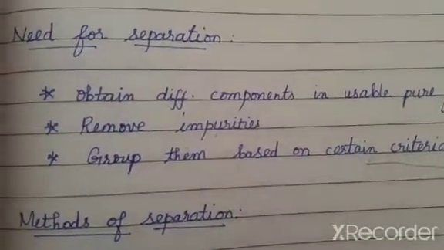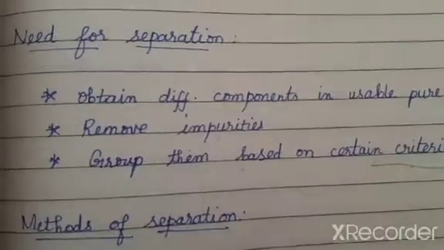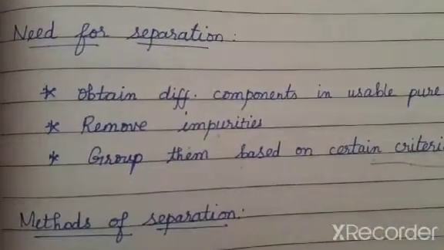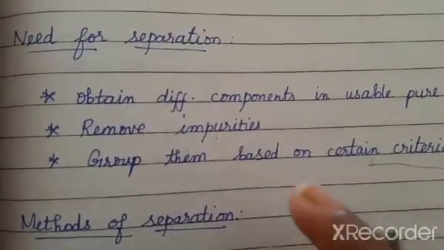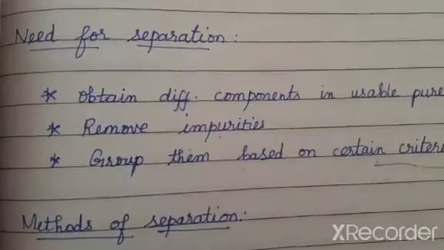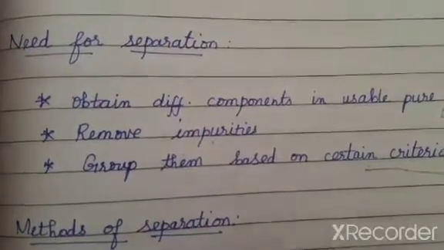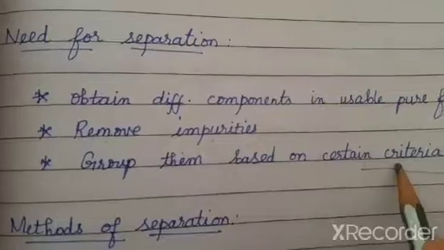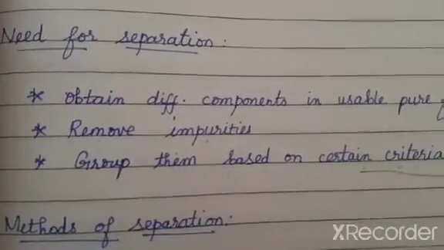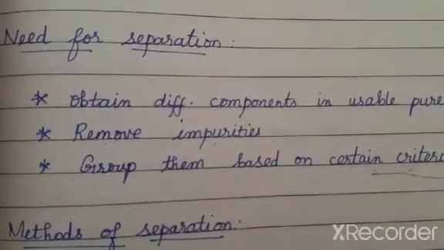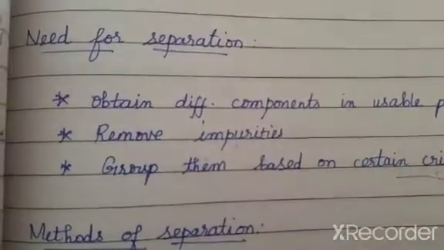This is one idea. And the second idea can be I can group some materials as eatables, and which are not eatables, I will group them separately. So I am keeping a certain criteria on which I group the materials. So this is the need for me to separate.